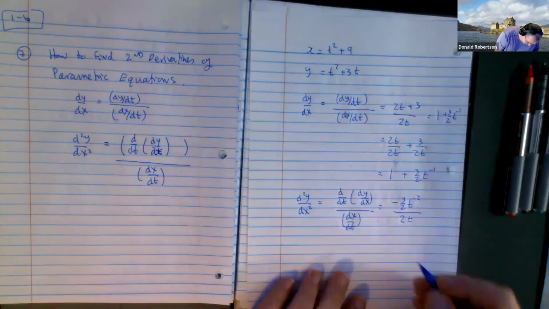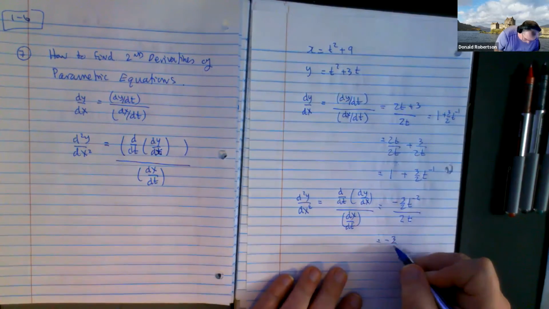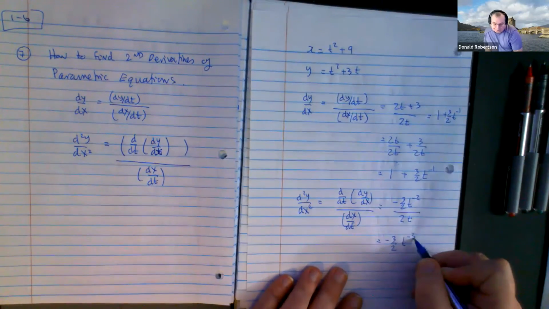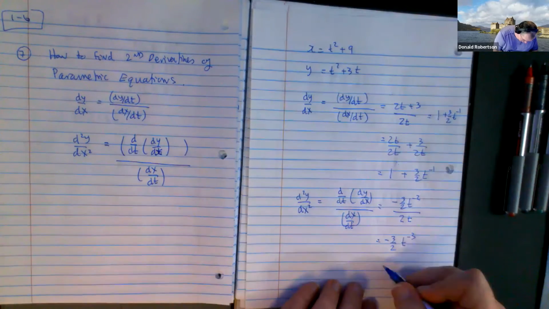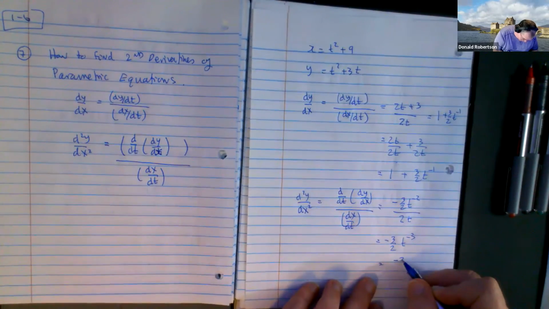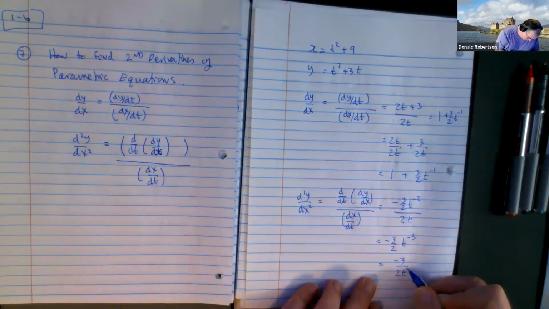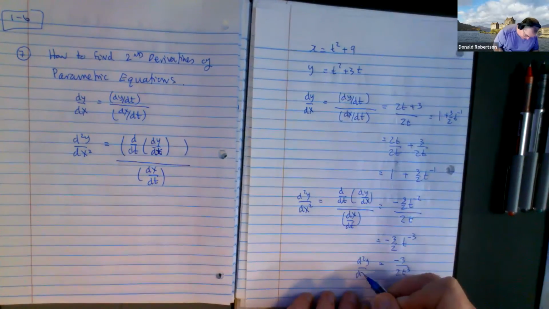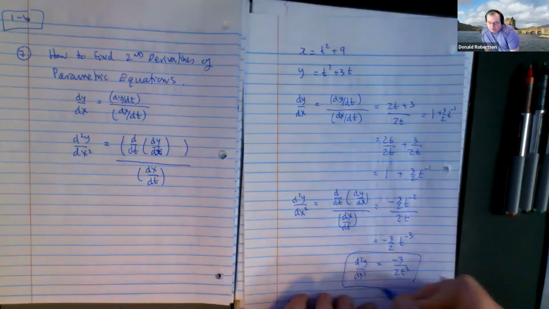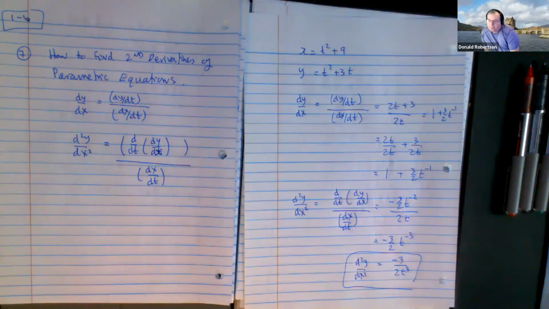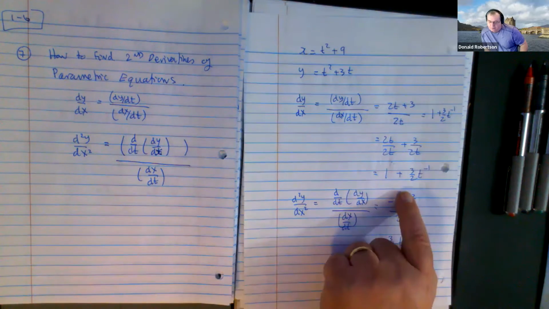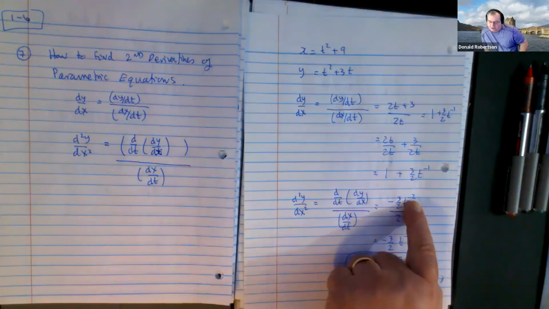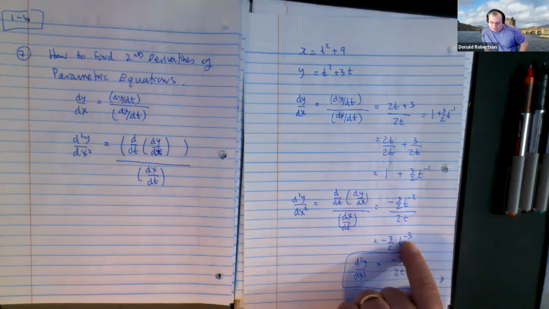And that becomes negative 3 over 2 t to the negative 3. And because of the negative powers, I'd probably rewrite it like that. I'll be comfortable with the final answer. Negative 2 divided by that gets you negative 3 halves. Oh, why did that?